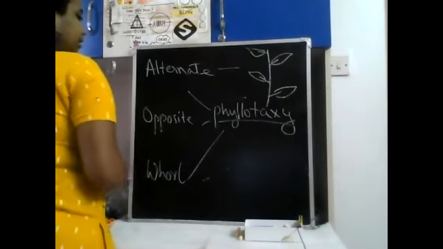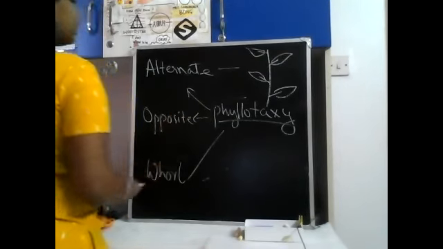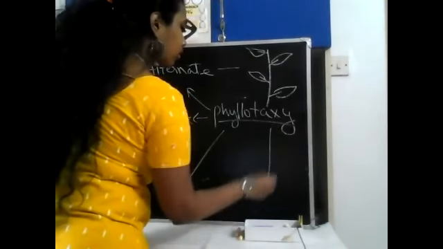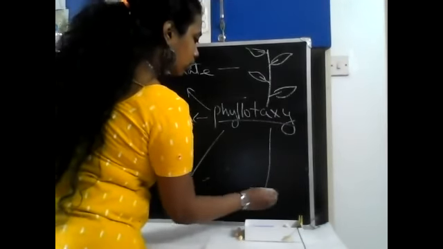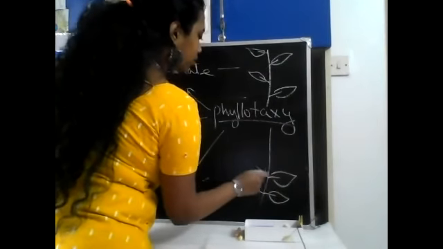In opposite phyllotaxy of leaves, you will see that 2 leaves will arise from one point.